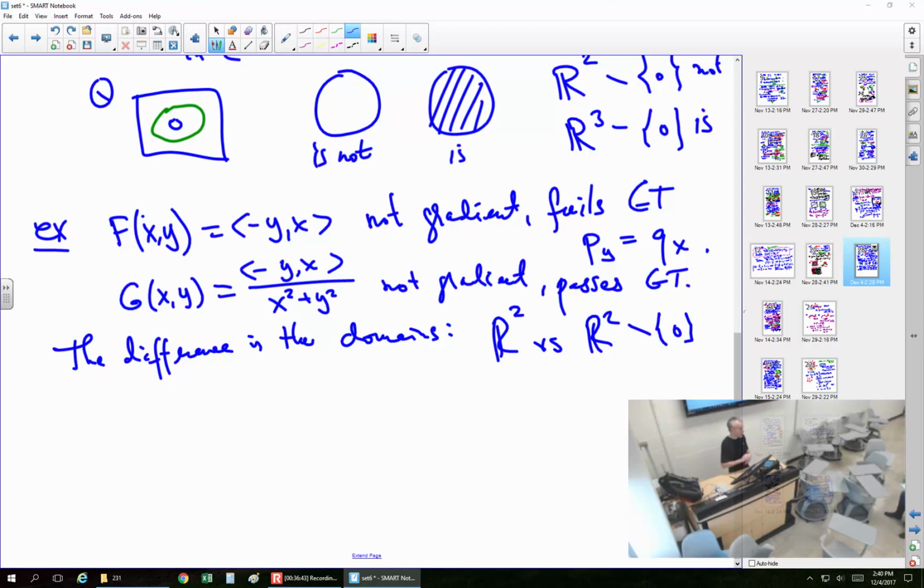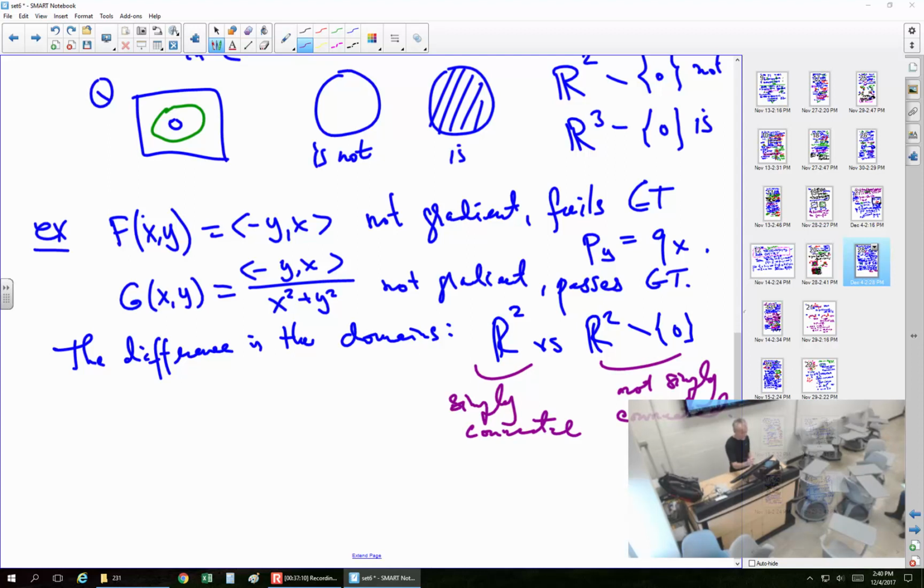From the plane we remove the point, and what does it do? This one is simply connected, and the other one is not. Simply connected, not simply connected. So that's why the converse doesn't work.